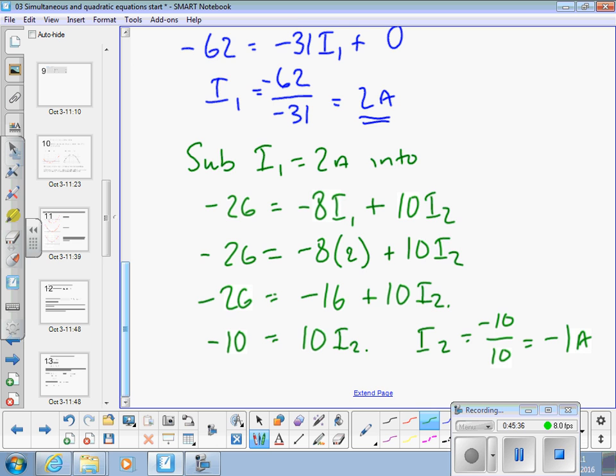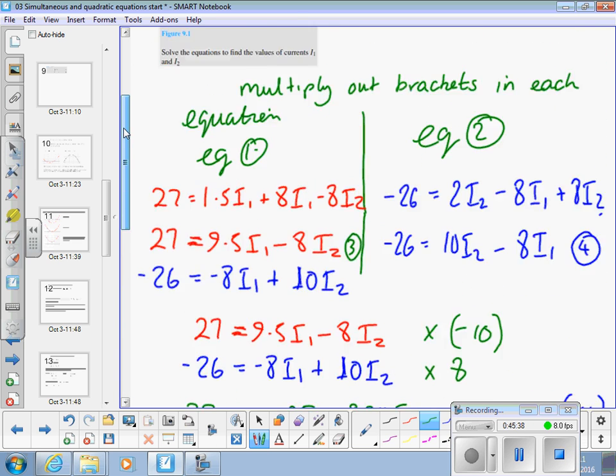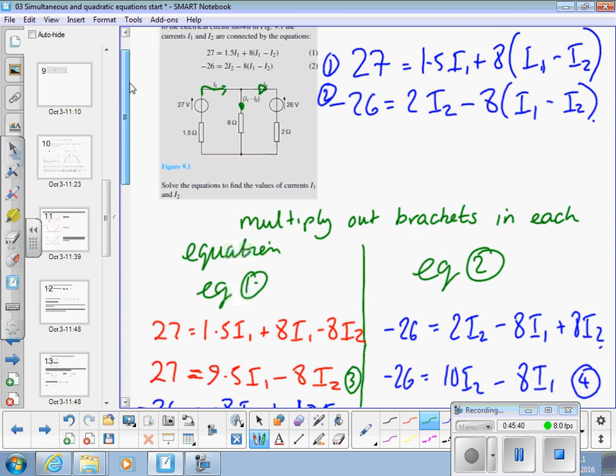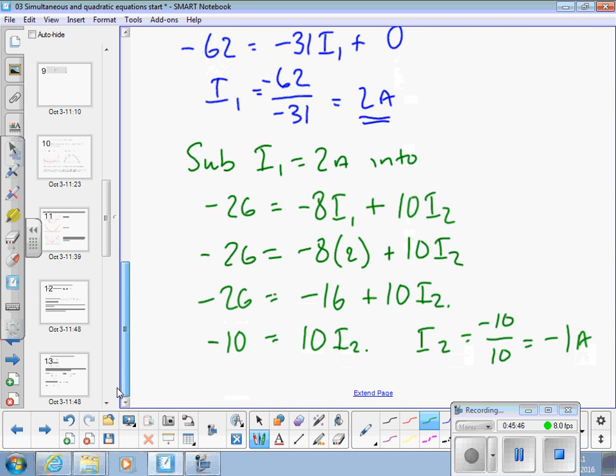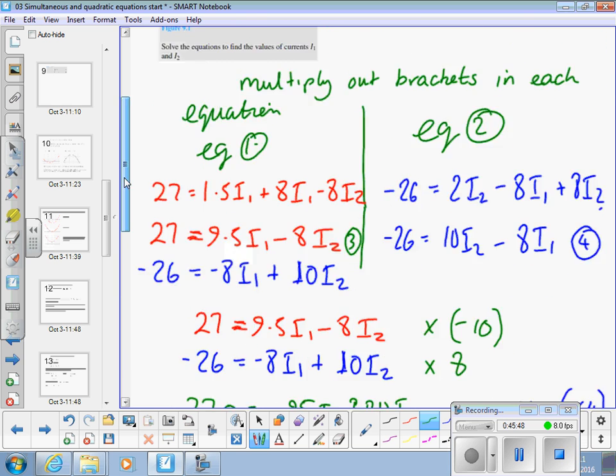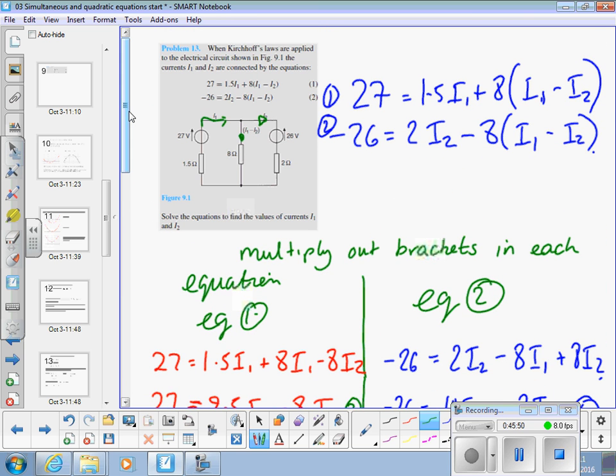So I2 is negative. On the diagram, I2 is shown as flowing that way. Because it came out as a negative answer, there's actually 1 amp flowing in the other direction.